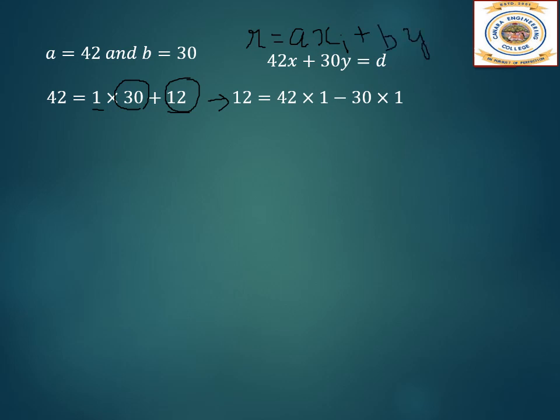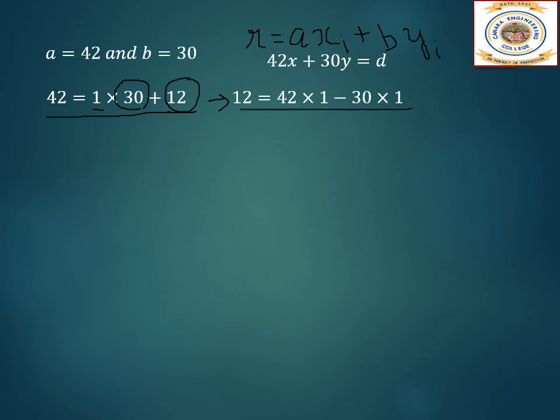This is a generalized form. So here r is 12. 12 is equal to 42 into 1, where 42 is a, minus 1 into 30. I just reorder the same equation and write it like this.